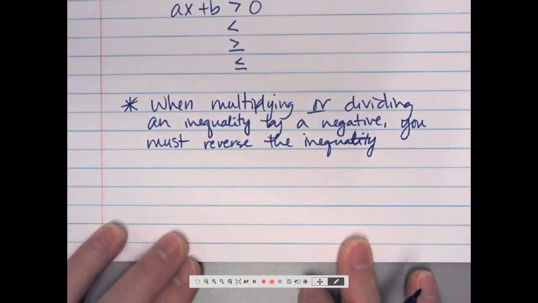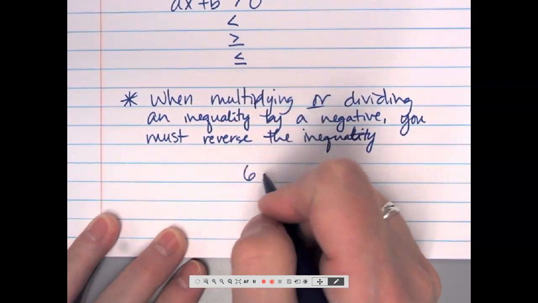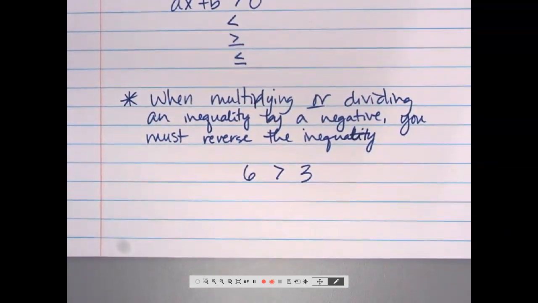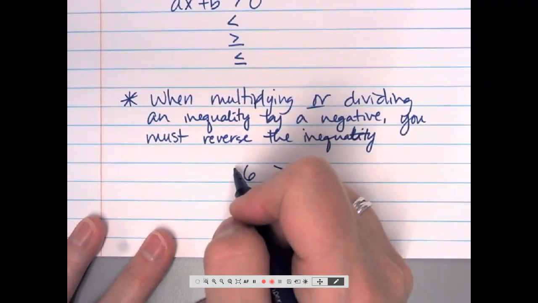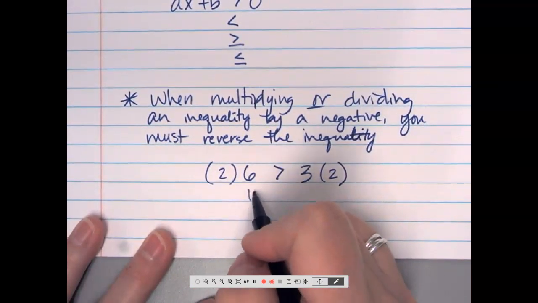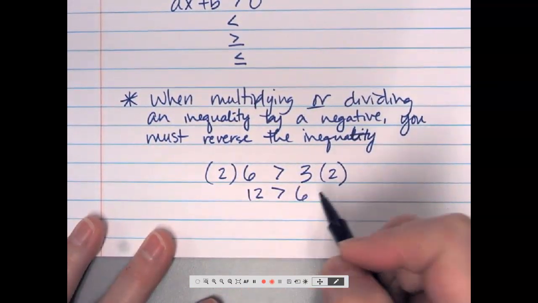Okay, so the reason is, let's take 6 is greater than 3. We all agree that's right? If we multiply both sides by 2, then 12 is still bigger than 6.